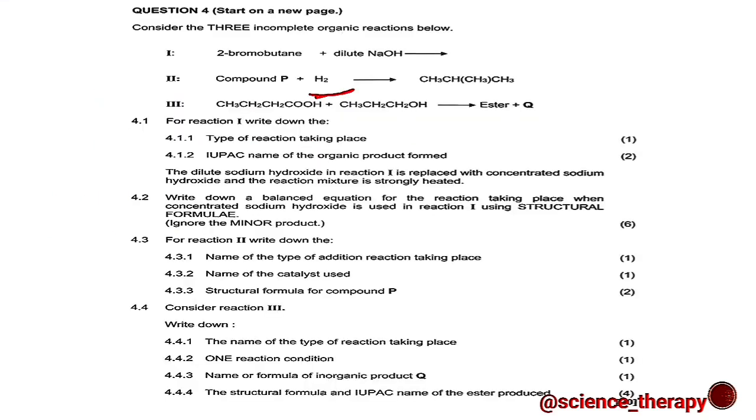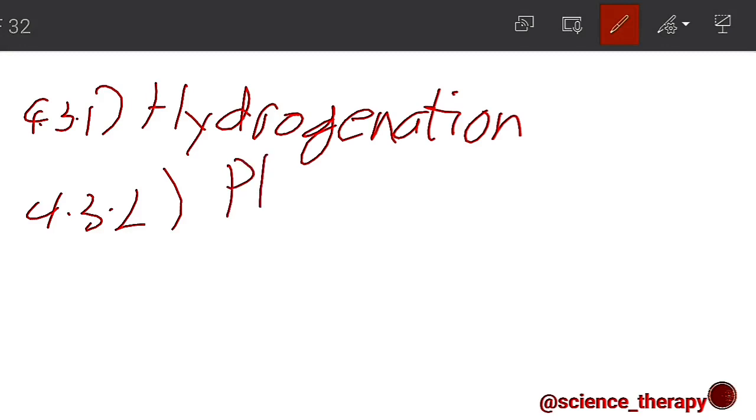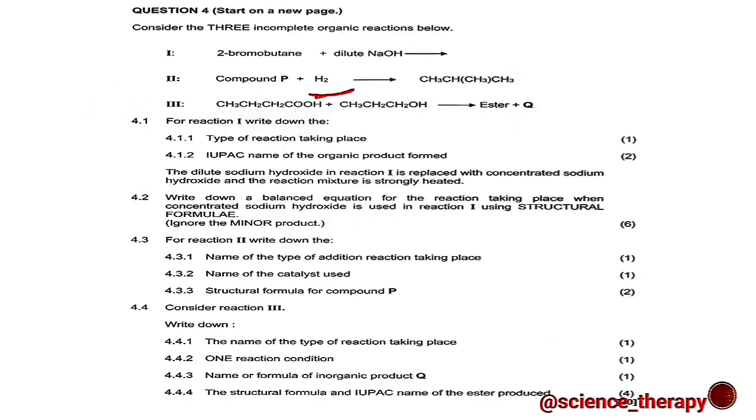Then 4.3.2 says name of the catalyst used. Now what is the catalyst that we use in hydrogenation? It is platinum. 4.3.3 says structural formula for compound P. Right.